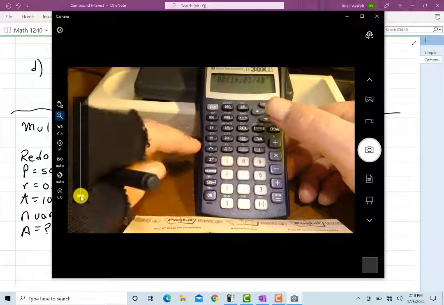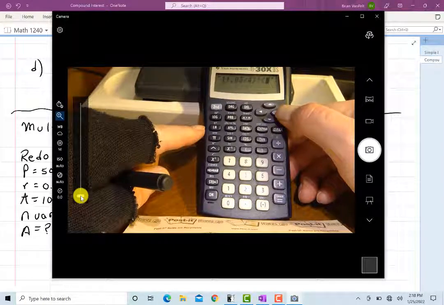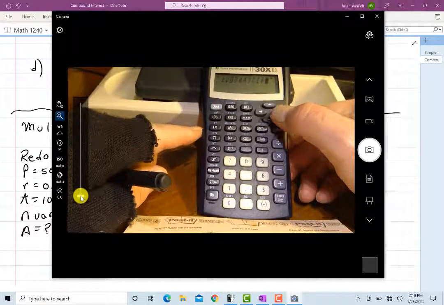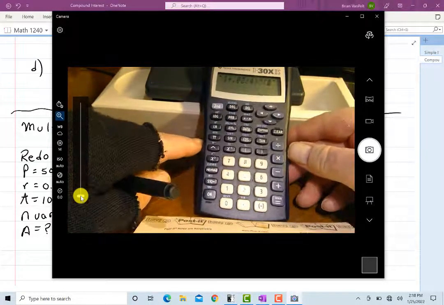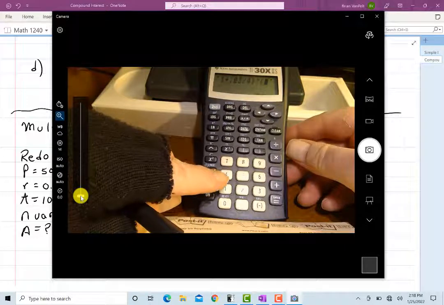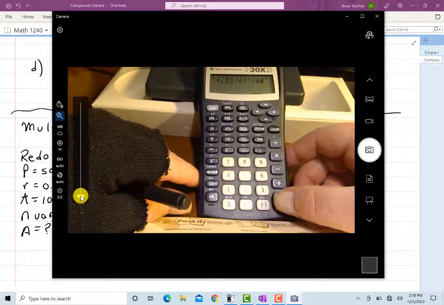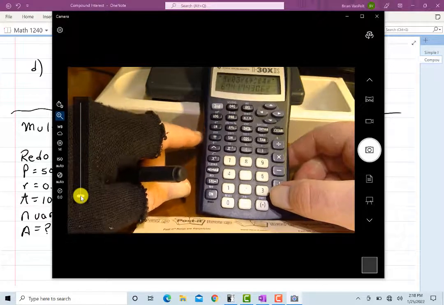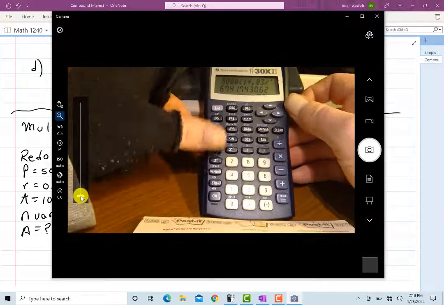And then I'll go over to here. Here I had 1 times 10, so let me change that 1 to a 4. And now I'll hit enter. And you can see these are the same numbers I was getting from before.